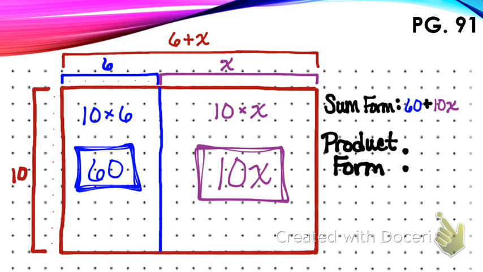I have 10x on the one side because I know my length, the height on that, is 10 units. But I don't know how wide it is because I didn't stop on a dot. So the area of the first one was 60. The area of this one, I did 10 for this side times x for this, and I got 10x. So to find the area of the whole big rectangle, I add those two together. So I have 60 plus 10x. We doing okay?